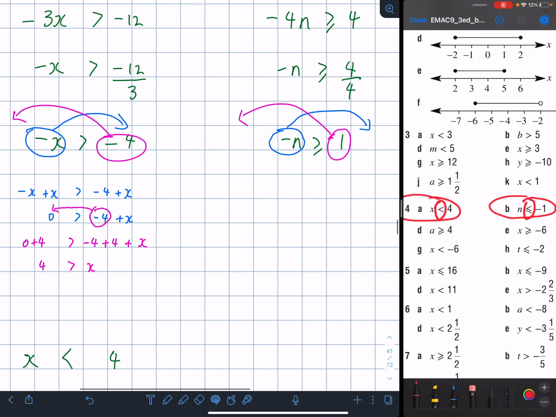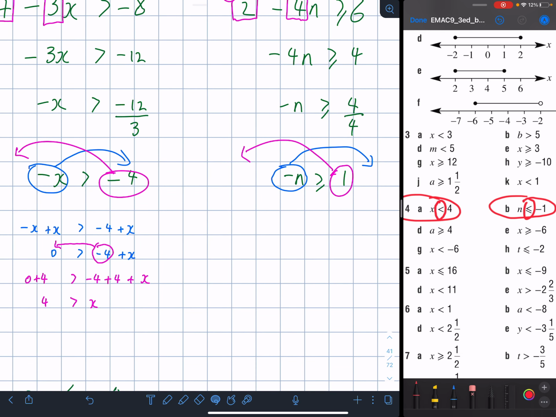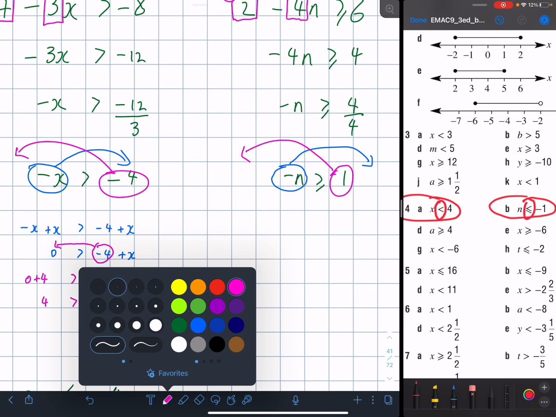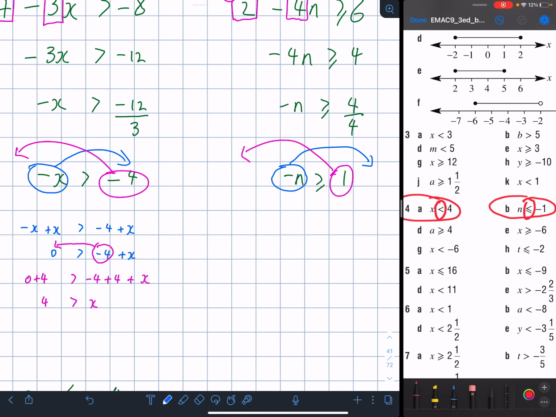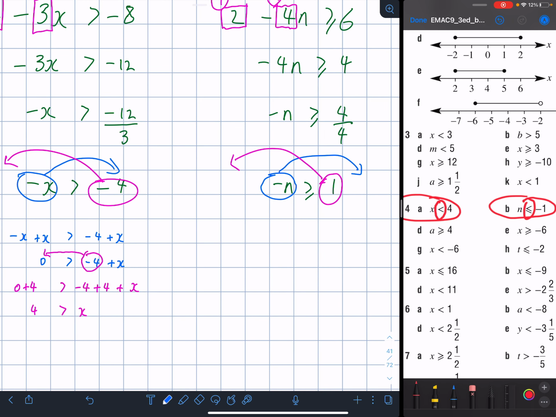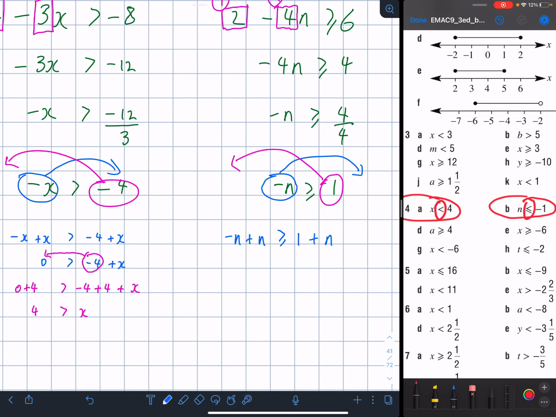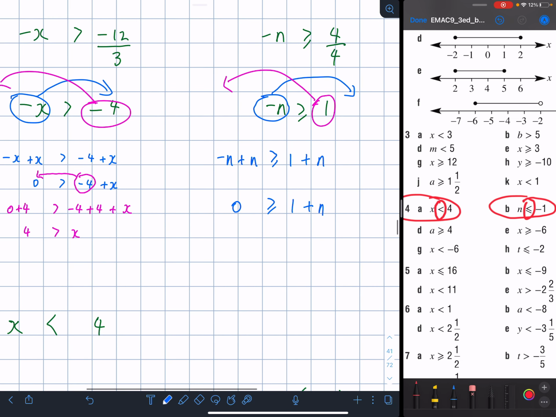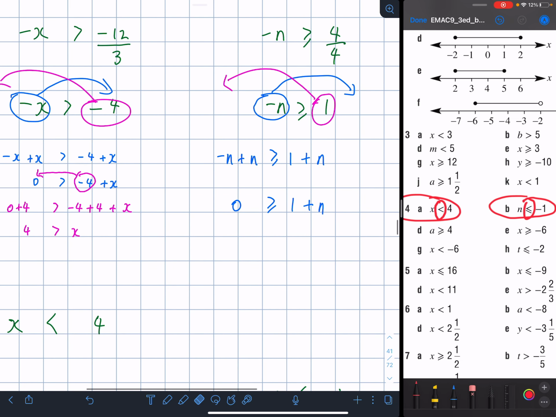Let's just deal with our one on the right. So we want to do an inverse operation to remove the minus n from the left-hand side of the inequality. So we're going to add n to both sides. Which will give us 0 is greater than or equal to 1 plus n.